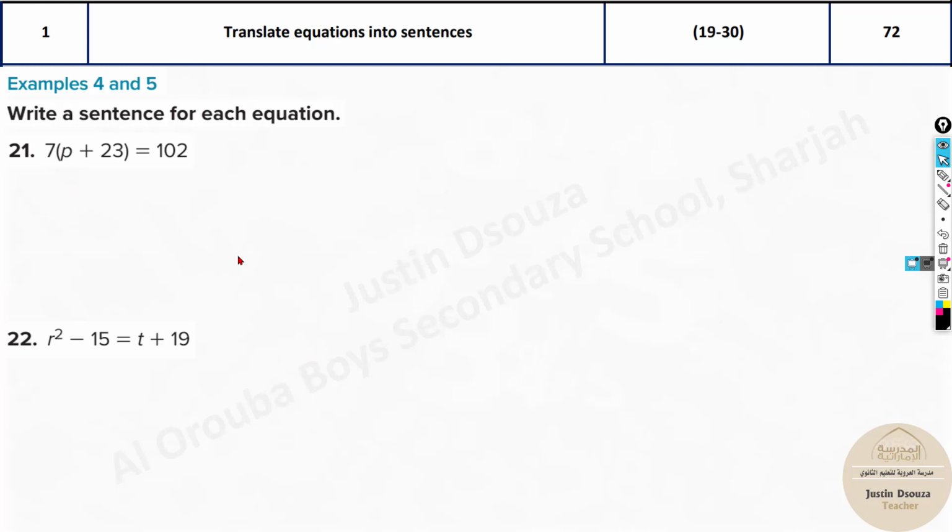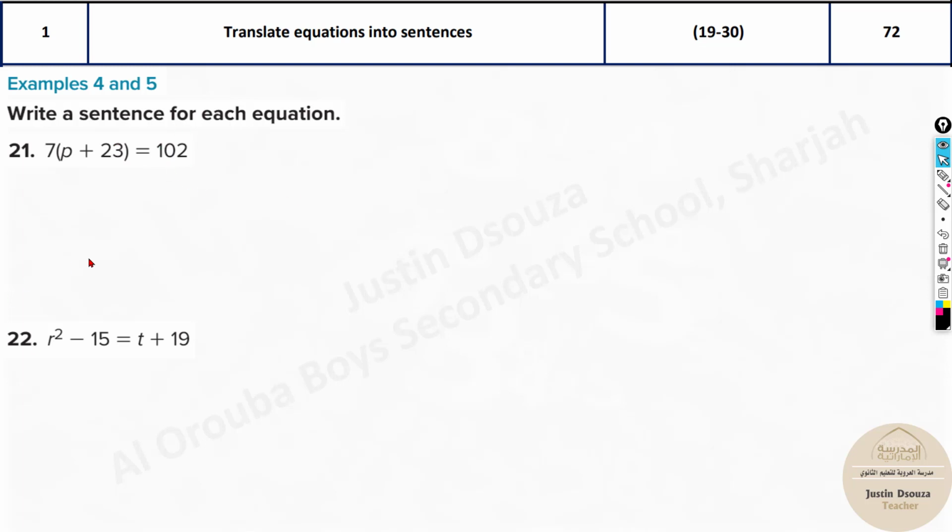Now we can look over here. There is the product of 7. Now, whenever there are brackets, you can sometimes say the quantity. It doesn't require the quantity all the time. You can say the quantity of P plus 23 times 7, or 7 times the quantity of P plus 23 is equal to 102.